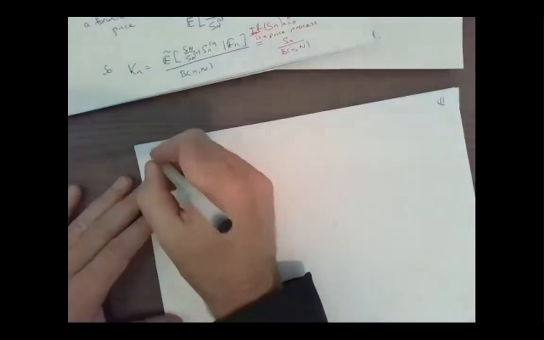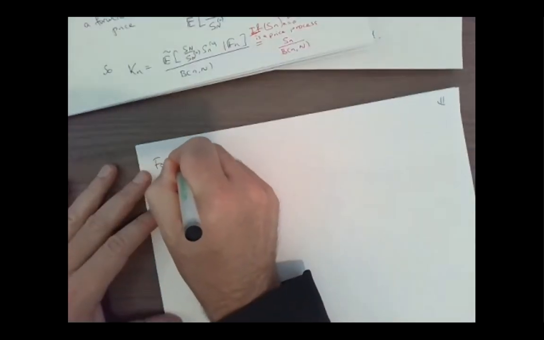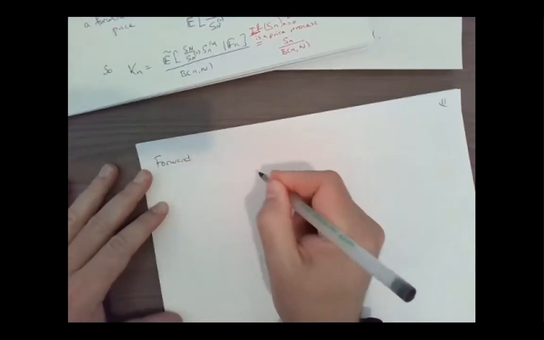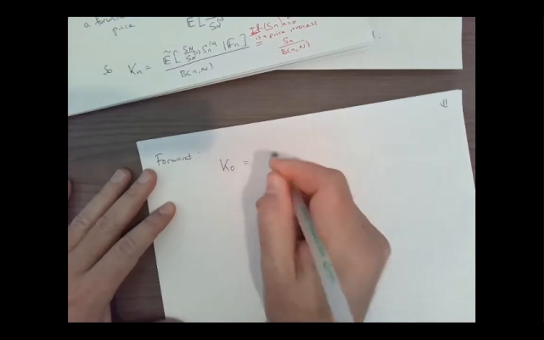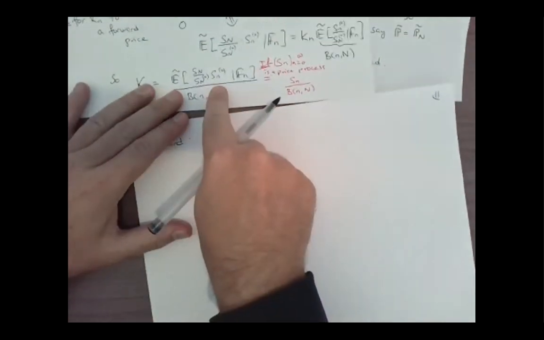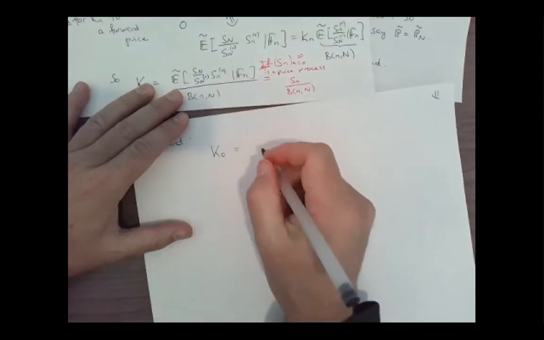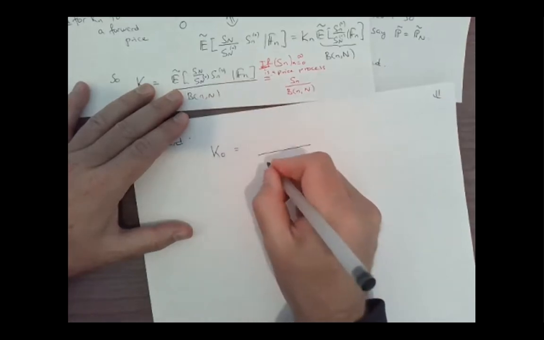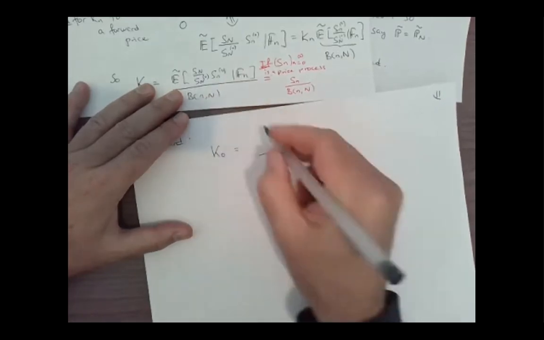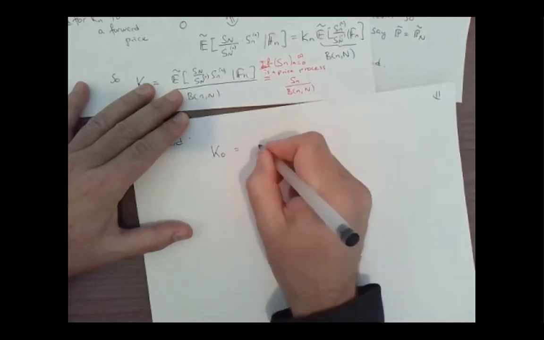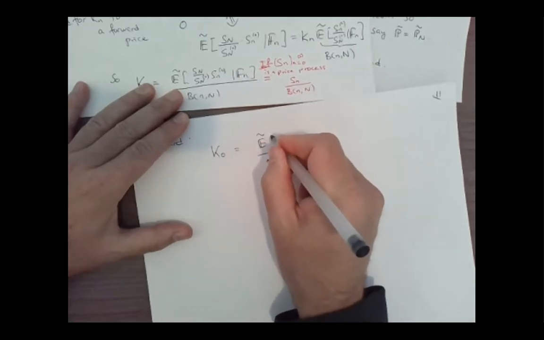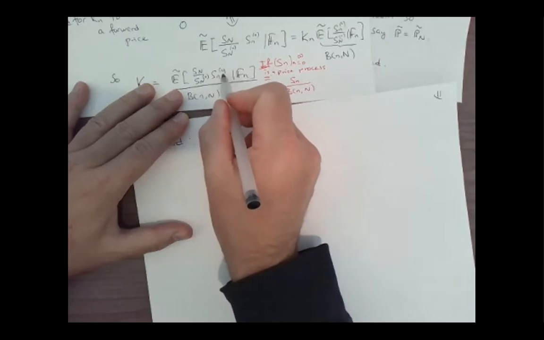We have here, for the forward, K0. K0 is this mesh we have in here, divided by B0 N, E tilde little n is 0.